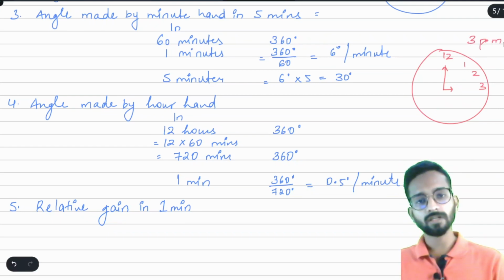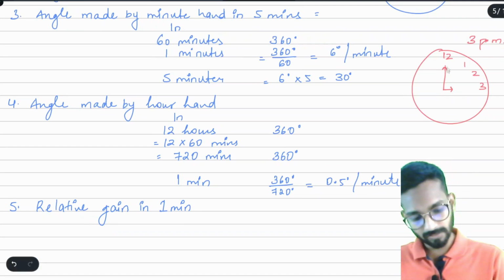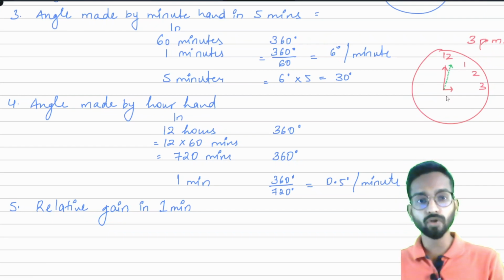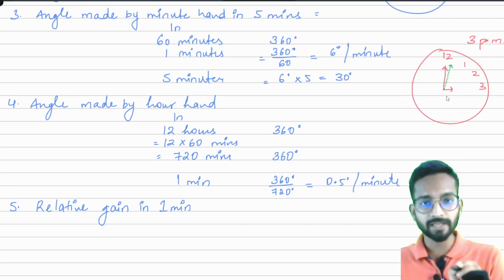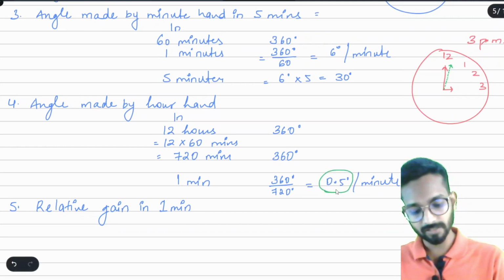If I tell you after exactly 1 minute, what will happen? See, this minute hand will be somewhere here, and our hour hand will not look like it is moving, but we all know that it is moving a little bit. It is moving only 0.5 degrees, and this one is moving 6 degrees per minute.